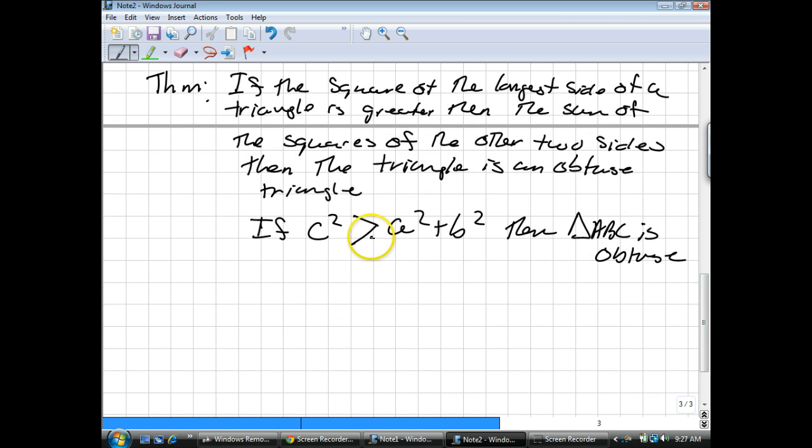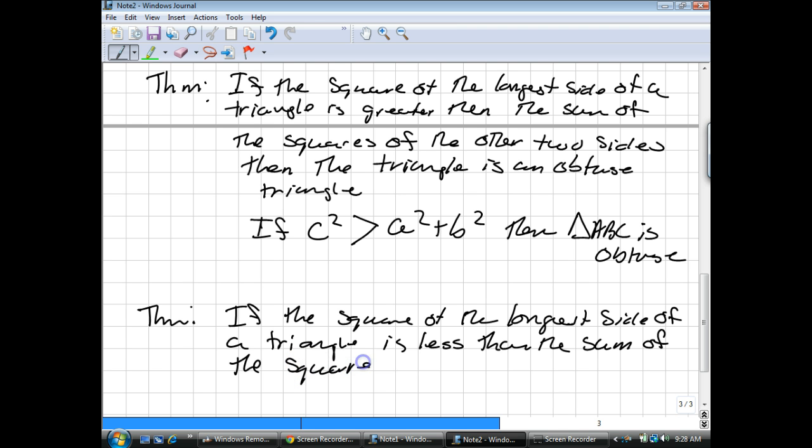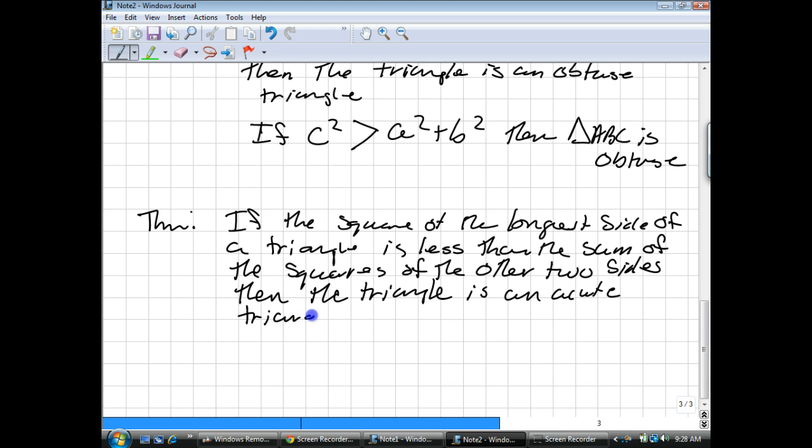And the next theorem says, if the square of the longest side of a triangle is less than the sum of the squares of the other two sides, then the triangle is an acute triangle.